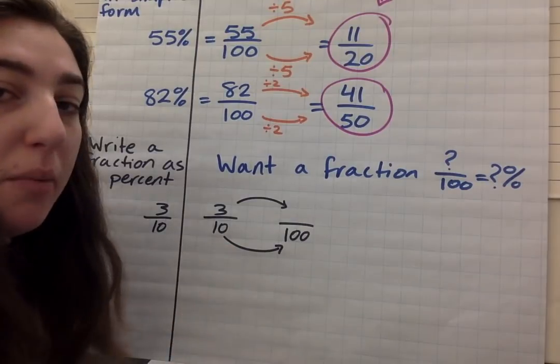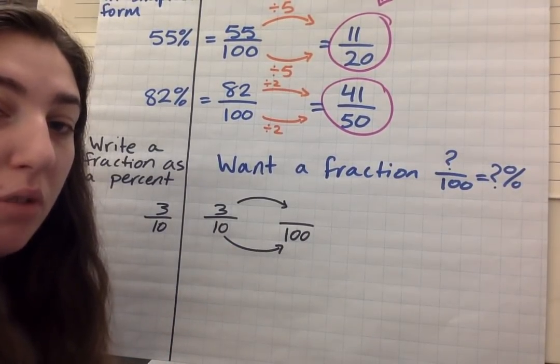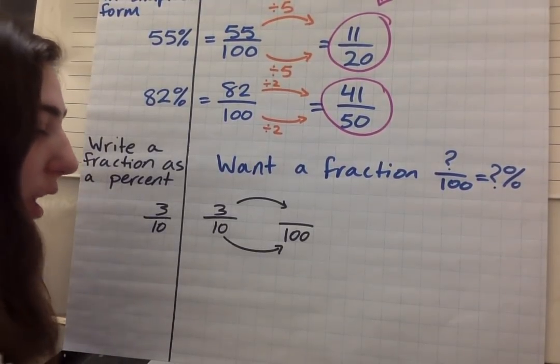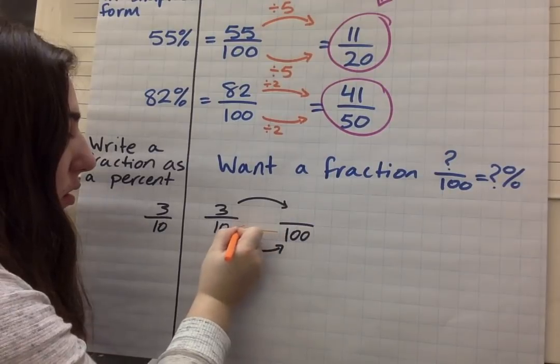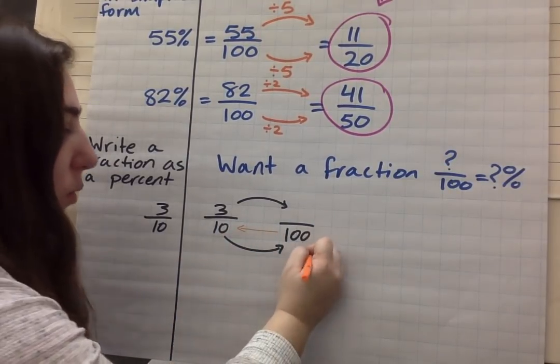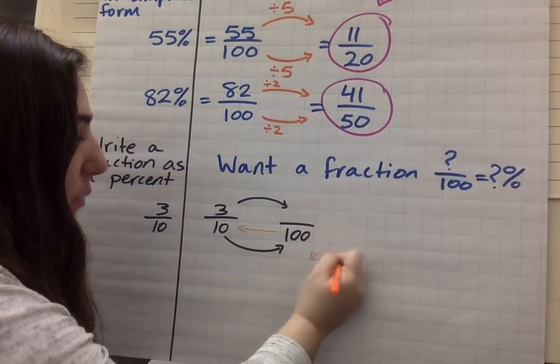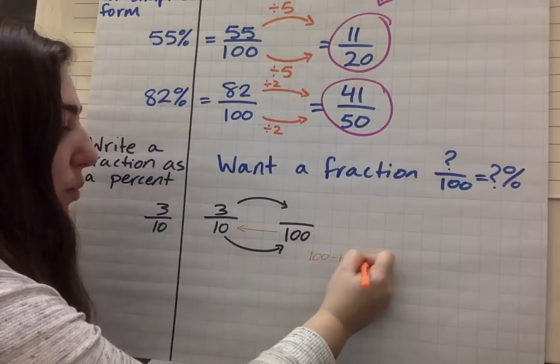Well, just knowing my multiplication facts, I know the answer. But if you don't know the answer, you can go in the opposite direction, okay? And you can divide. You can do 100 divided by 10, okay, to get your answer. Should be 10.